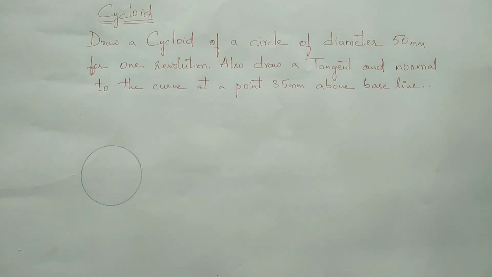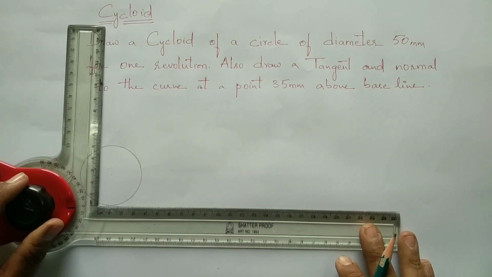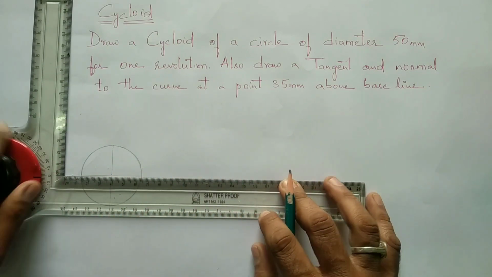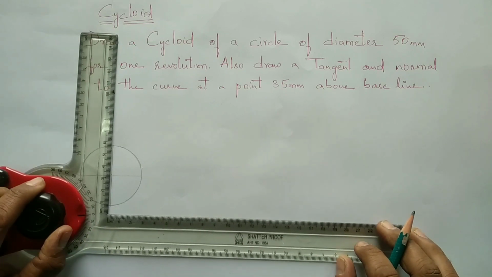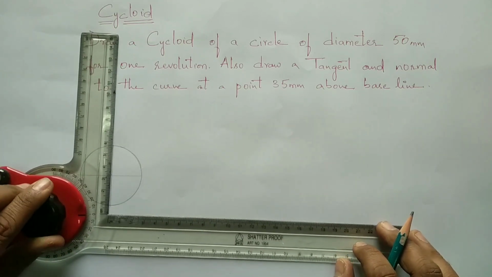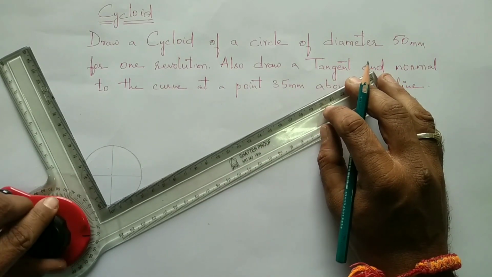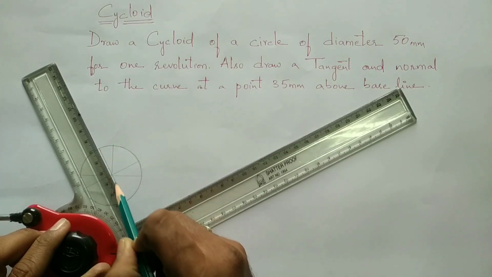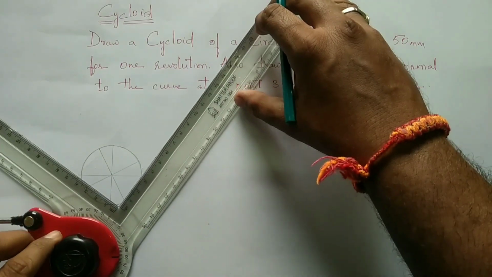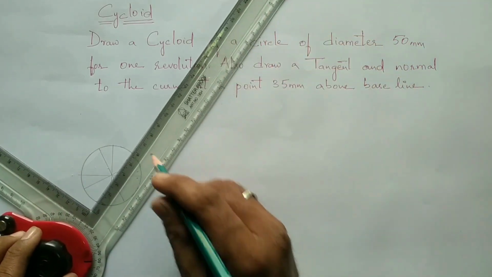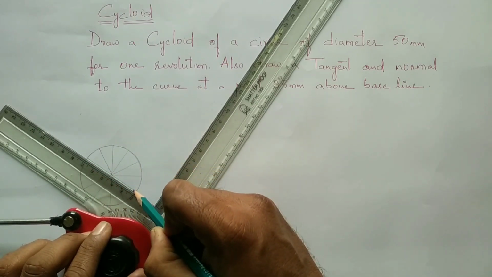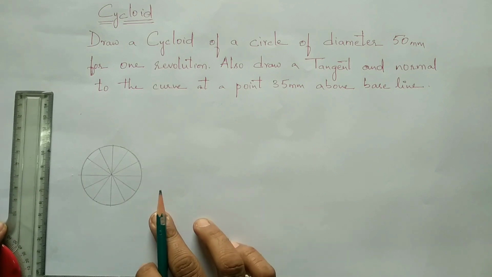Now divide this circle into 12 equal parts using a 2H pencil. Now I have divided the circle into 12 equal parts.